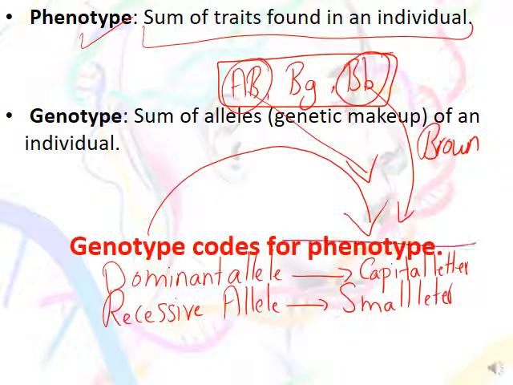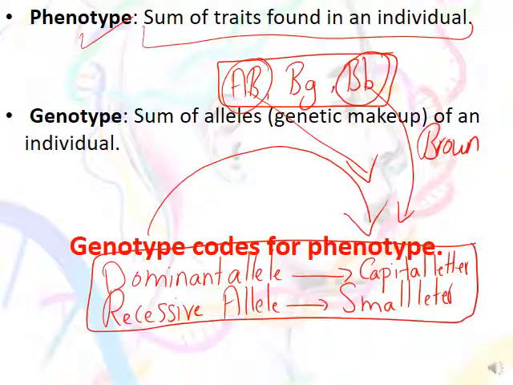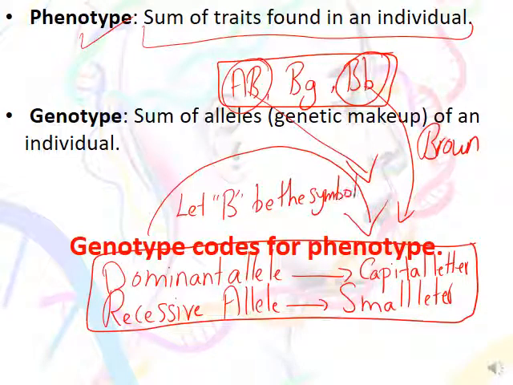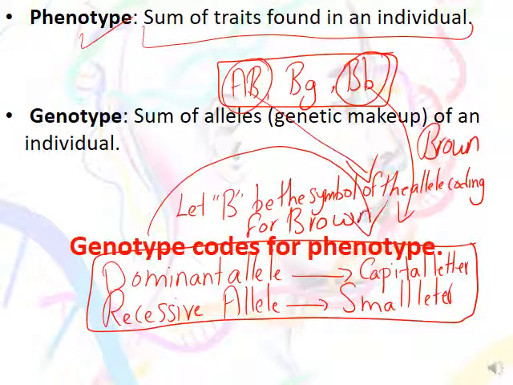So keep it in your mind whenever you have to give the symbol. So for example, the case of the brown and the blue, you have to say let B capital be the symbol of what? Not of the brown color, of the allele coding for brown color. The same for recessive.